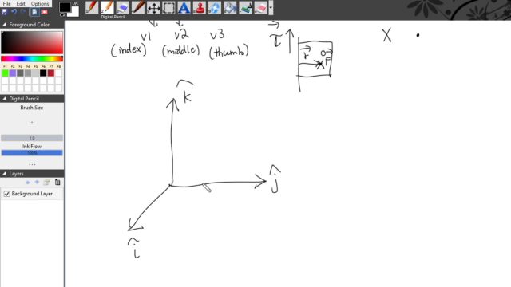If we put our index finger pointing this way and our middle finger pointing this way, our thumb would be pointing up. So we know that i hat times j hat is k hat. And using the identities, we then know that j hat times i hat is negative k hat.